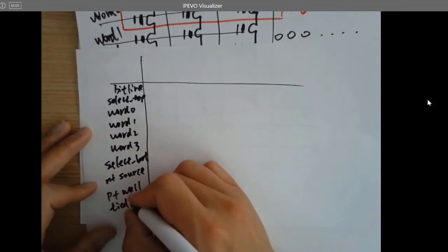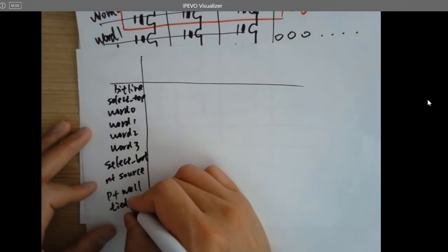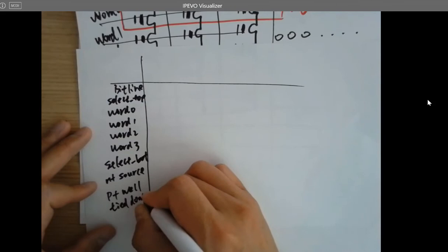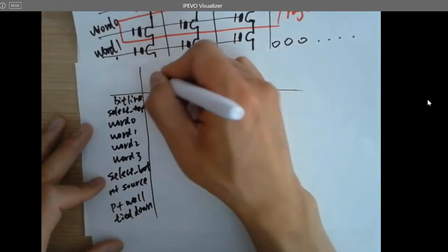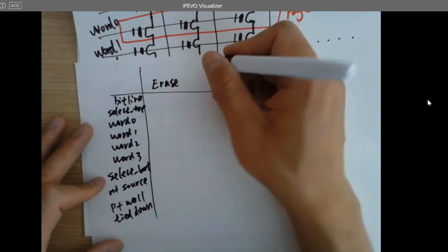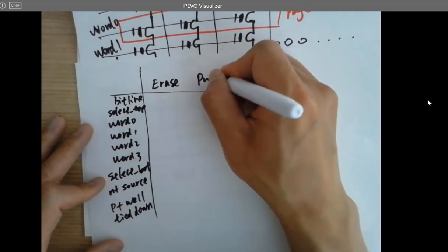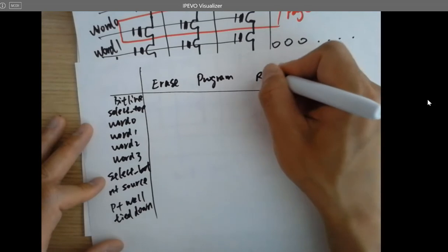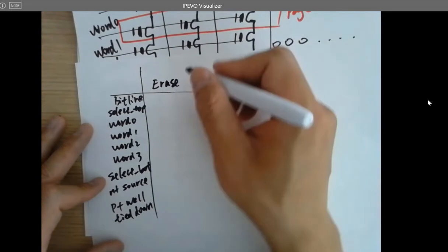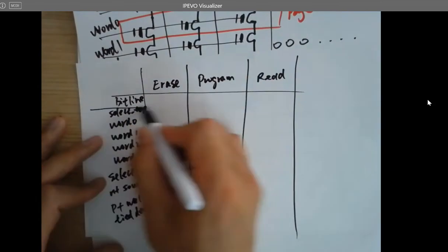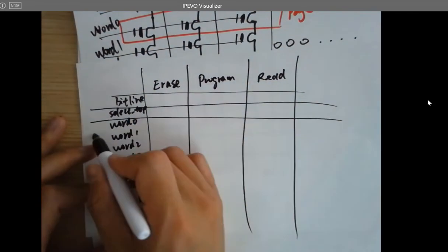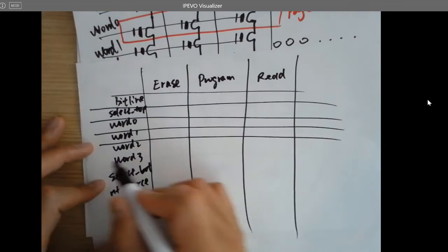It's tied down to whatever, can be a ground, can be the 20 volts, depends on the operation purpose. And for different operations, erase, program, and read. So let's take a look at this, see what are the voltages we want to apply to these pins.